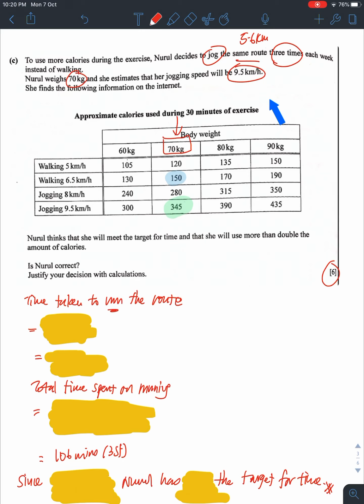The rest of the information is irrelevant, so do not focus your attention on them. She walks at a speed of 6.5 kilometers per hour, which is given in part A, and finally she jogs at 9.5 kilometers per hour, which is given in this part C. So these are the two numbers that we should be concerned with.